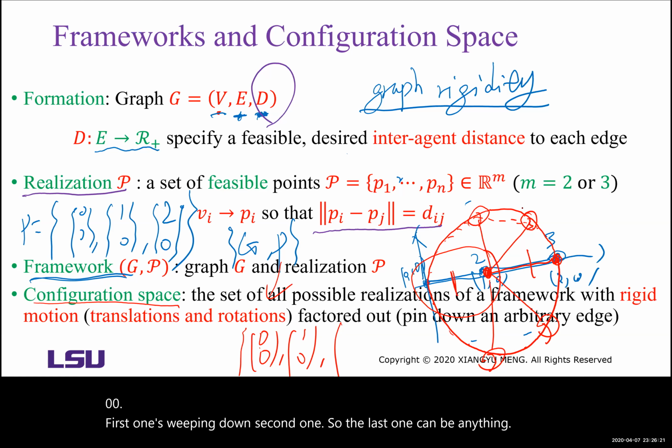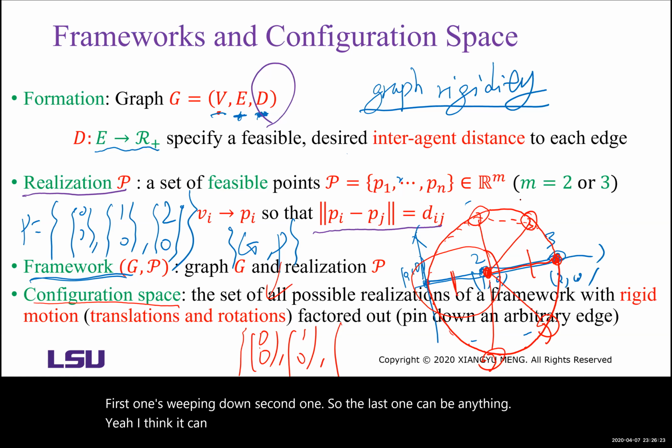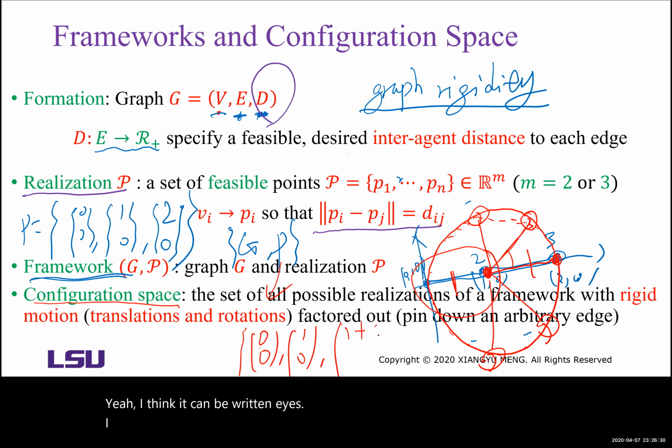I think it can be written as, let's say, 1 plus cosine theta, 1 plus, and 0 sin theta. We'll switch theta from 0 to 2 pi. So at theta 0, it will be 2, 0.